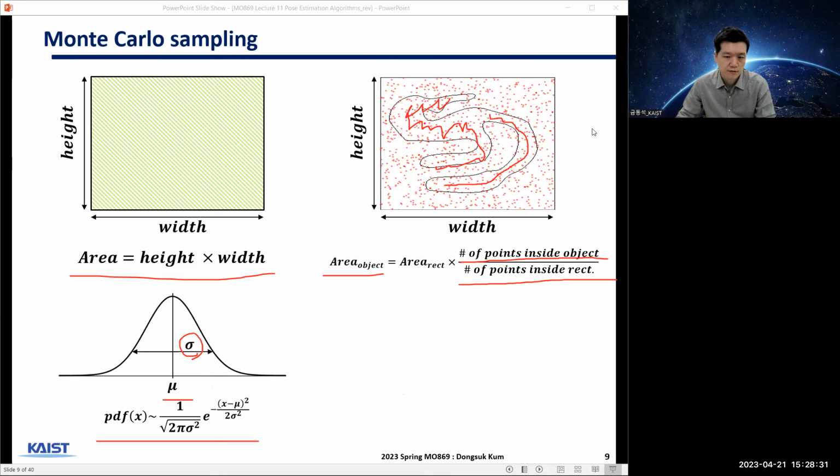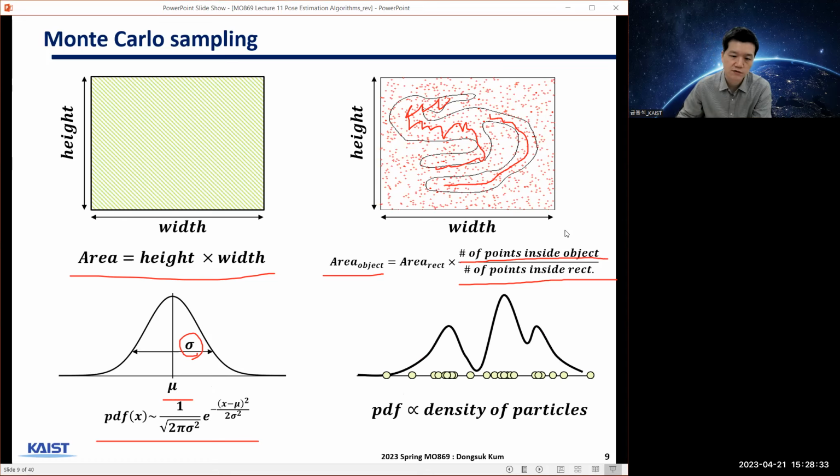And when we have a more general distribution, the idea is that based on this idea, the PDF will be proportional to the density of particles when we sample, if we sample things using Monte Carlo sampling.